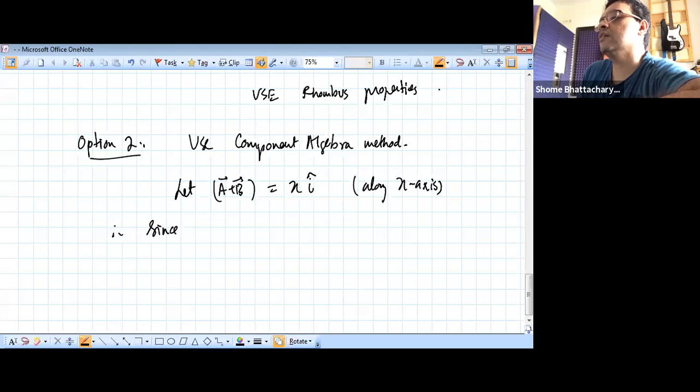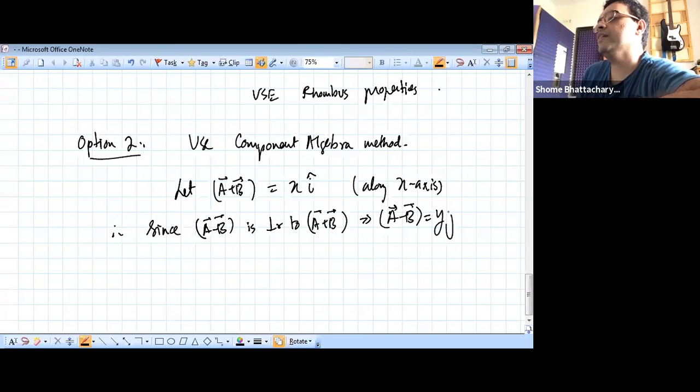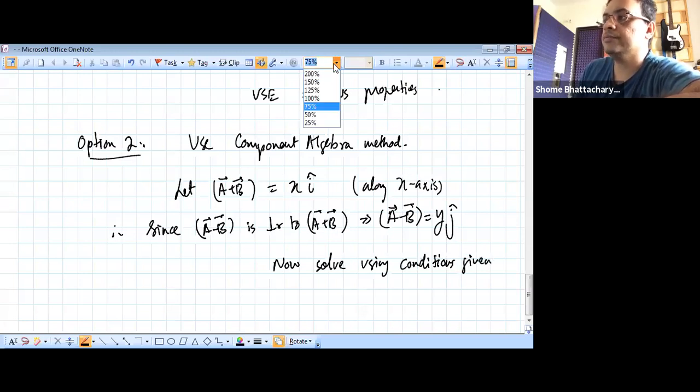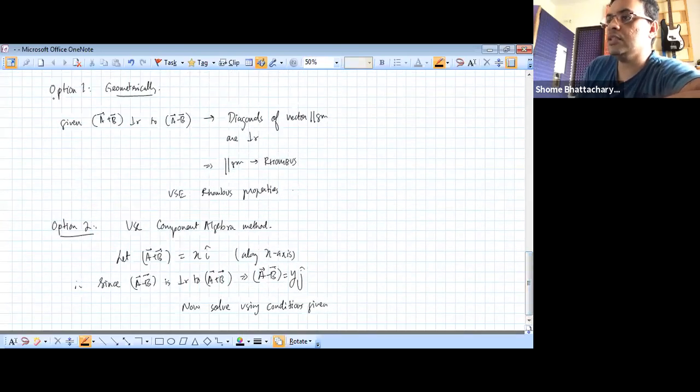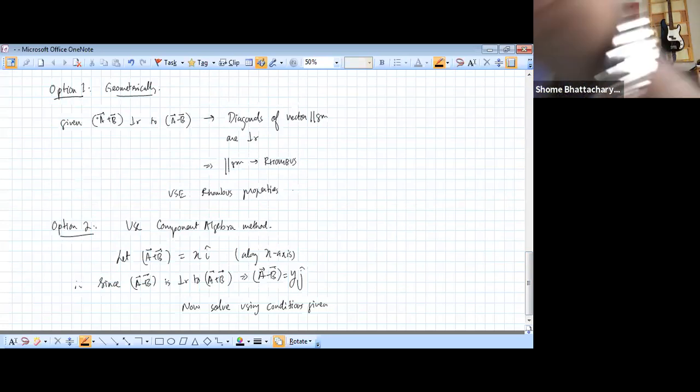Therefore, since A minus B is perpendicular to A plus B, you can take A minus B as some y j cap. Now solve using the conditions given in the question. So that's another way of solving the question. Those of you who are still starting the problem, you have these two easy options of working it out.